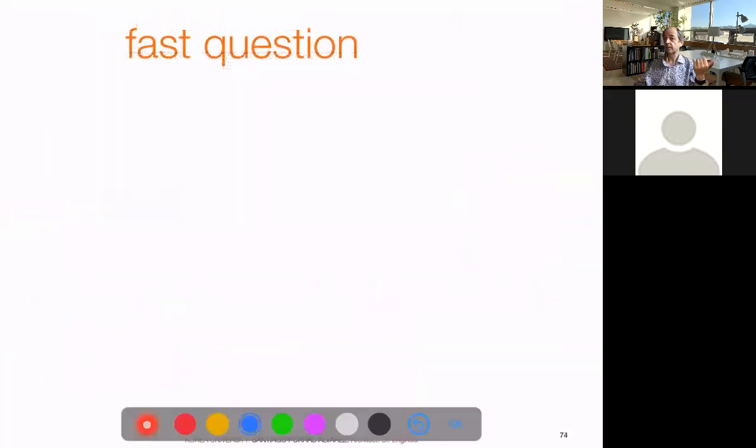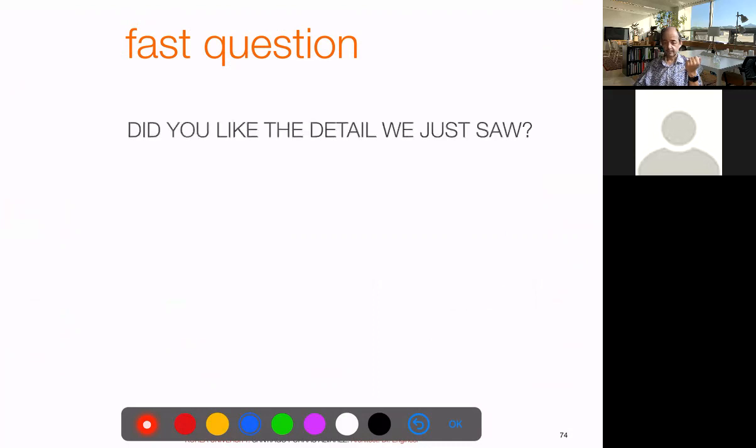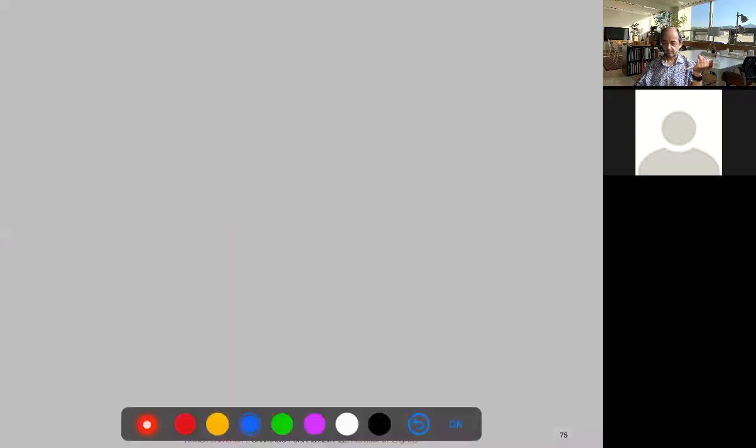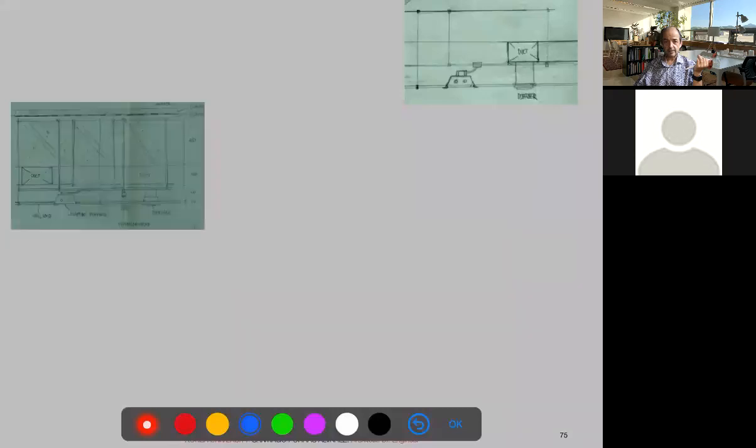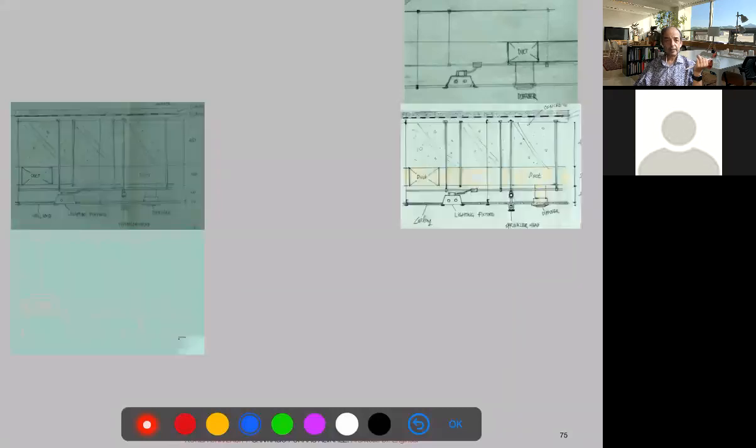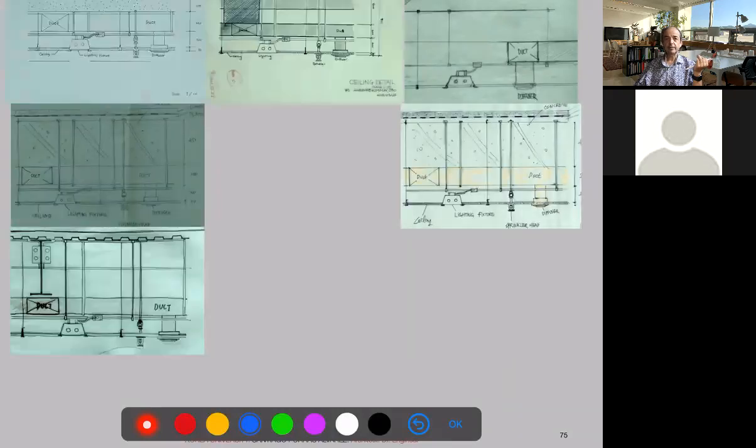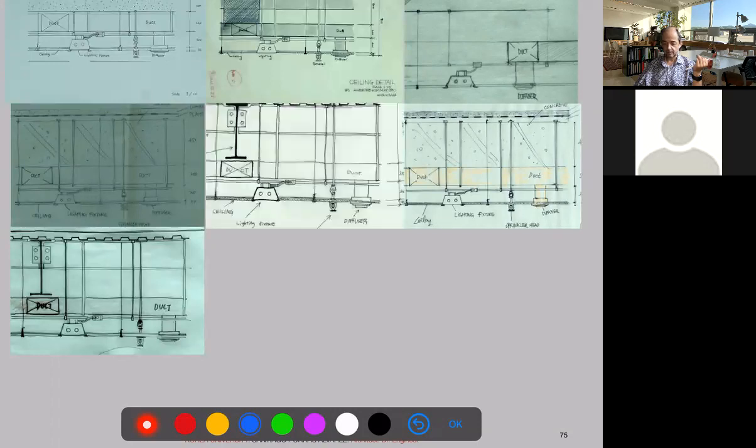But I have a first question, because this is a very generic detail from the book, and after years, your students designed their projects, and it seems that this detail is beautiful because they love it. And I bring some examples. So I go assignment to assignment, and I see this detail repeated over and over.